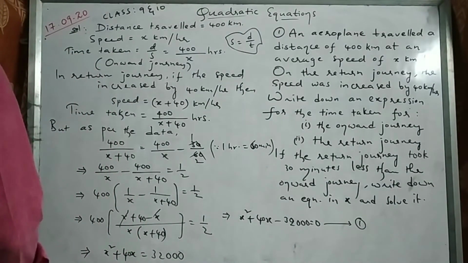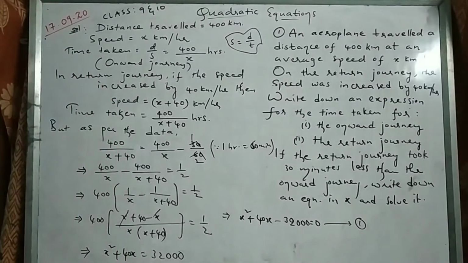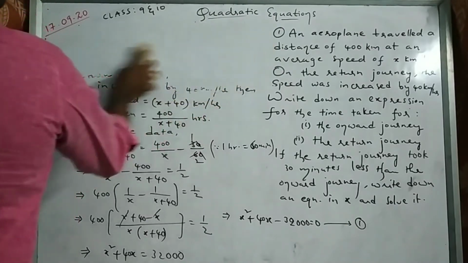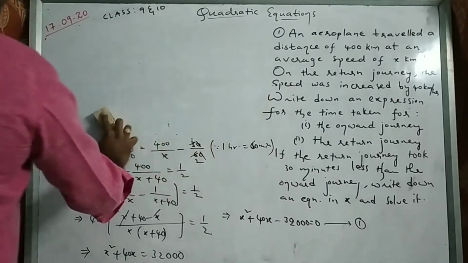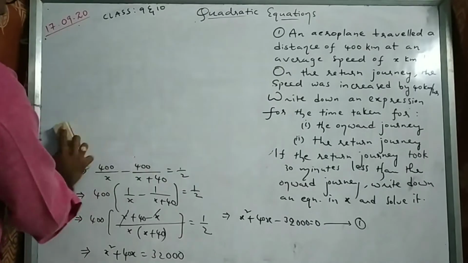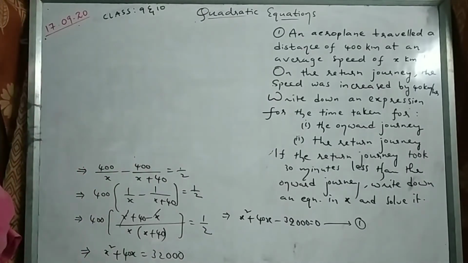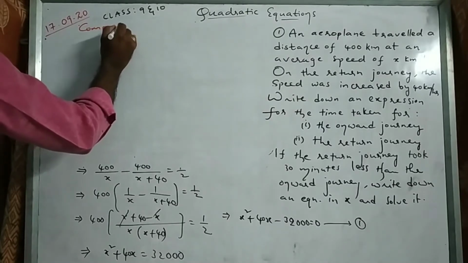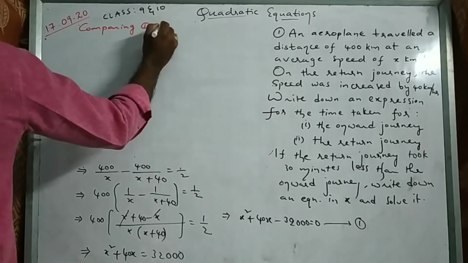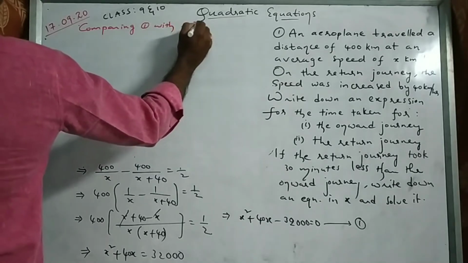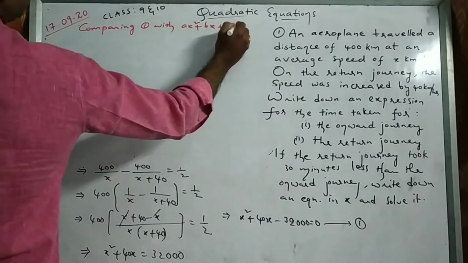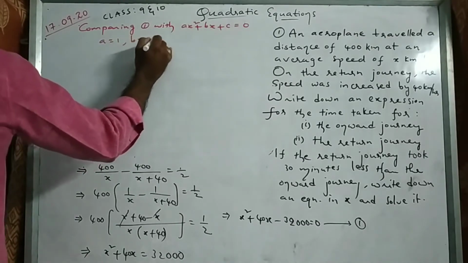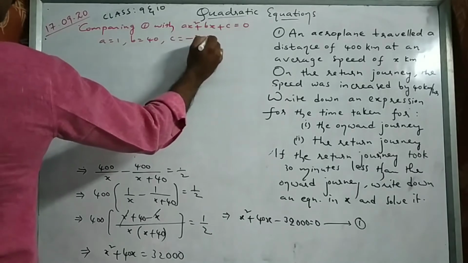Now I am going to solve that by using the quadratic formula. What is our quadratic formula? x equals minus b plus or minus square root of b squared minus 4ac by 2a. Comparing with ax squared plus bx plus c equal to 0, a equals 1, b equals 40, c equals minus 32,000.